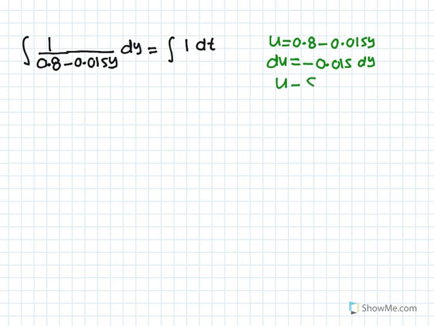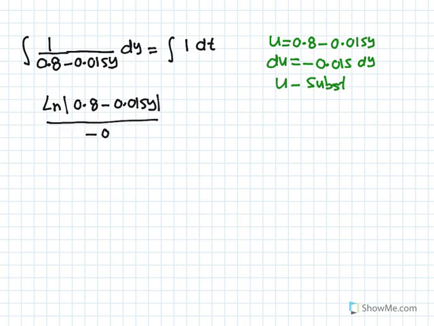So let's label this as u substitution. So we have the integral of 1 over u du. This integral is going to be ln of 0.8 minus 0.015y divided by negative 0.015. This negative 0.015 comes from the fact that dy is equal to du divided by minus 0.015. And on the right-hand side, we get t plus c.